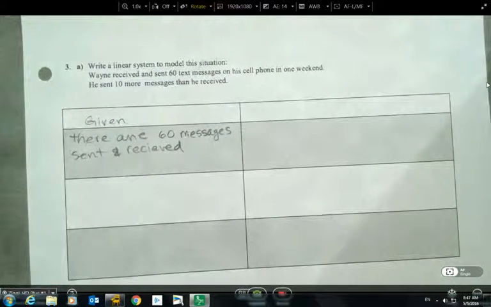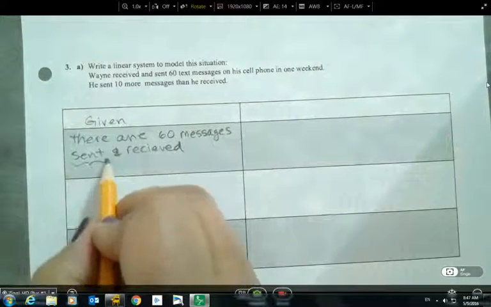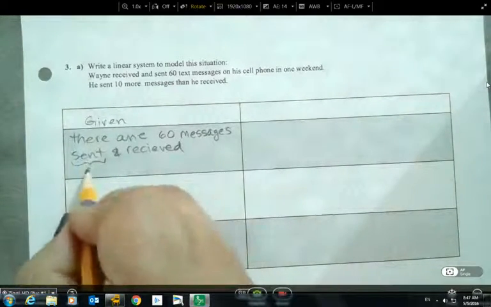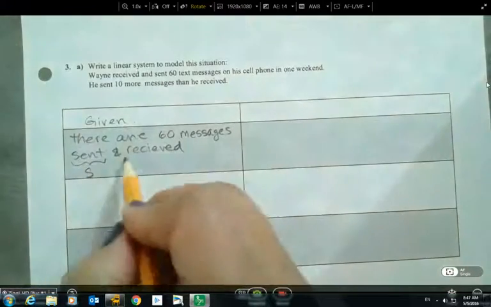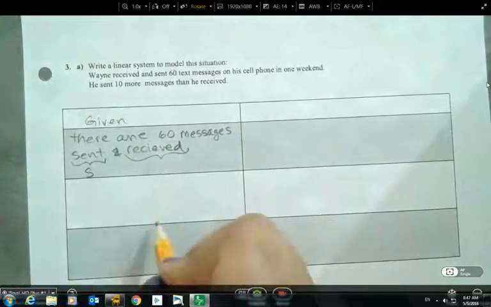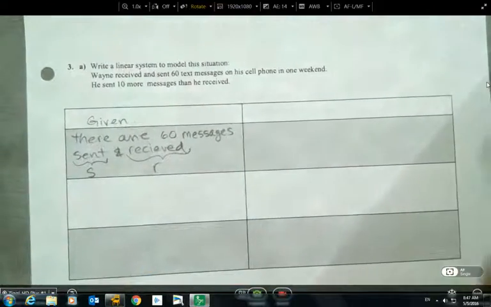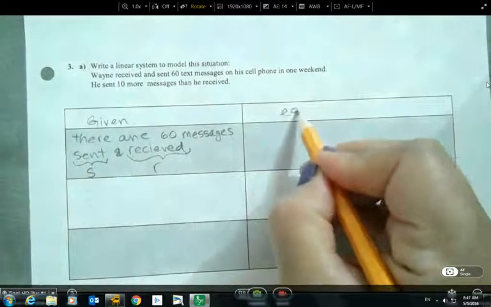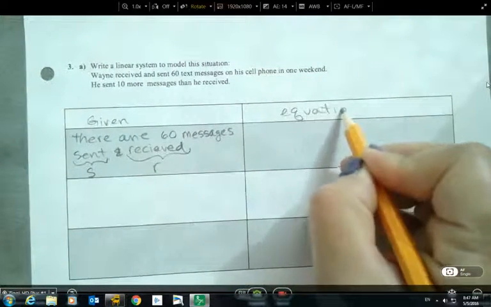So, okay, what would be an associated equation for this? What should we call S? I mean sent. We'll call sent S, and what should we call received? R? Okay, so what equation can we associate with this?